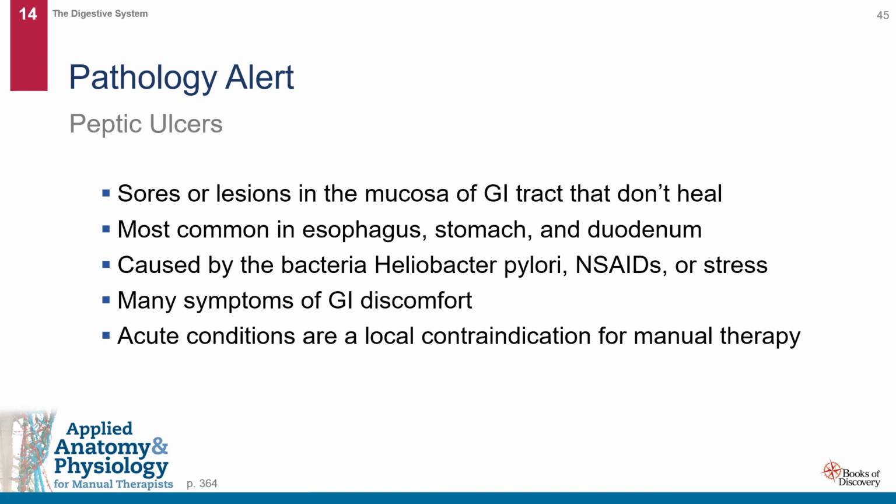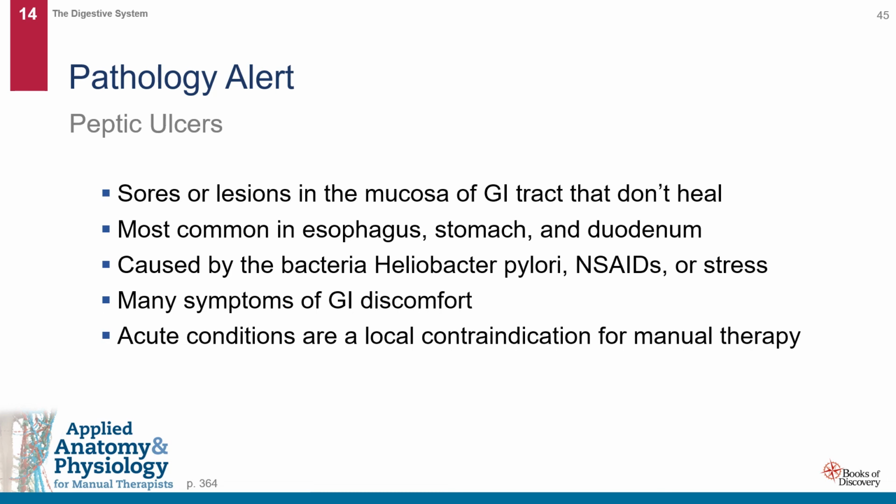These factors damage the mucosal lining, making it unable to effectively protect the tract wall from the strong acid and pepsin produced by the stomach. Signs and symptoms of peptic ulcers include heartburn or gnawing abdominal pain, bloating, burping, nausea, or vomiting.